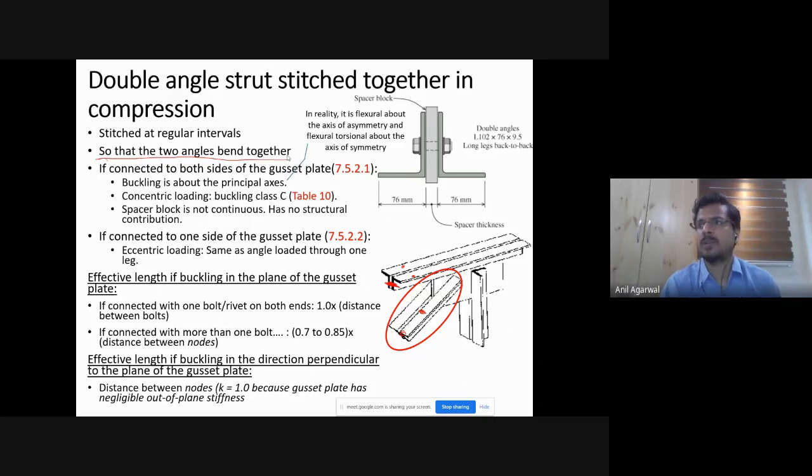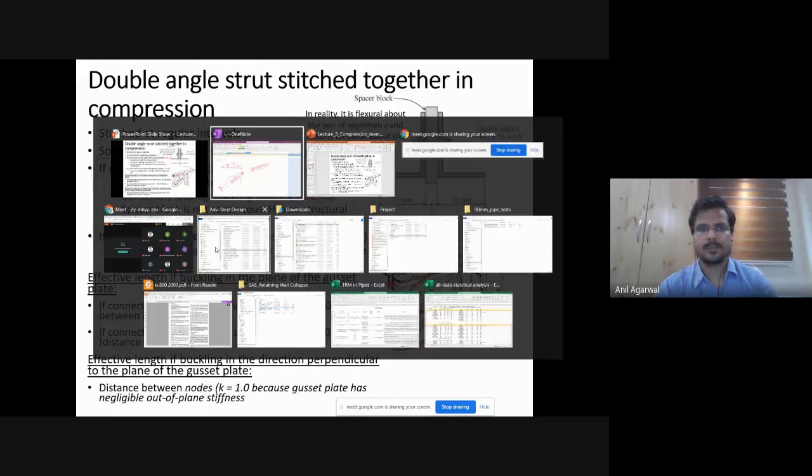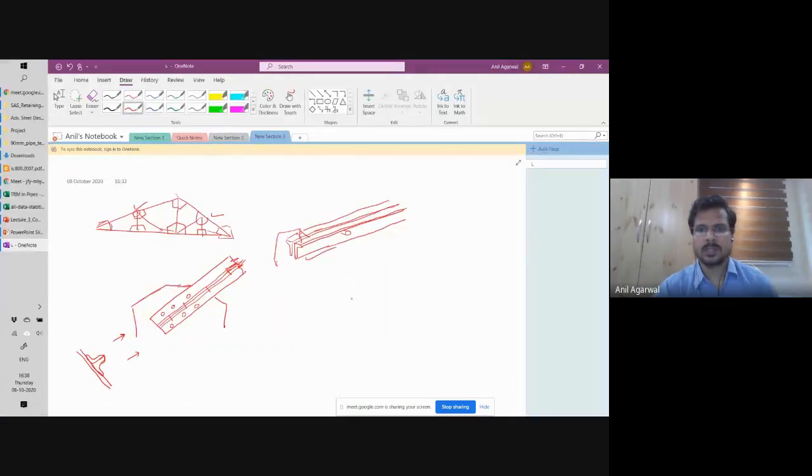Because then what will happen? First thing is, since the gusset plate is sitting between the two angles, in this configuration, it will look like this. This is another angle, and the plate is sitting here.